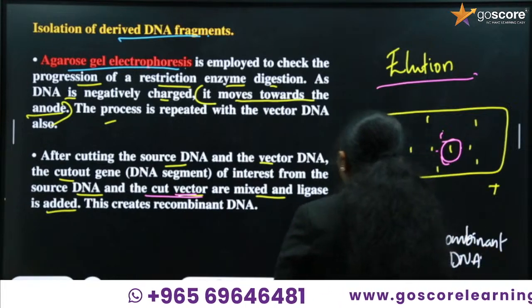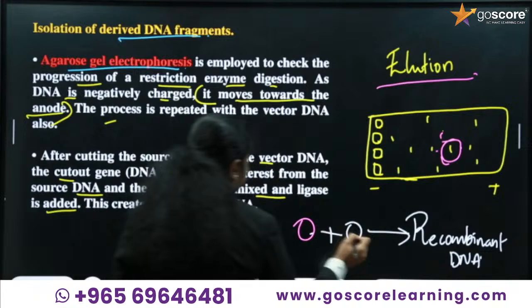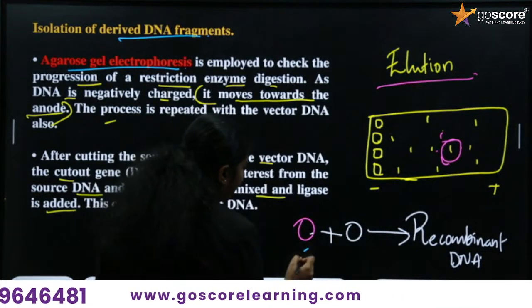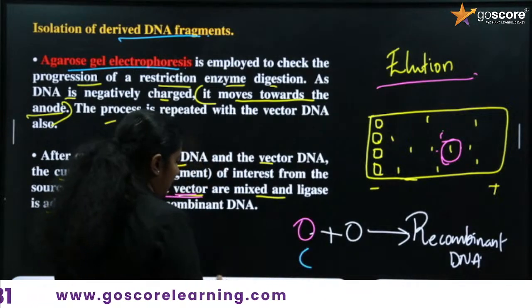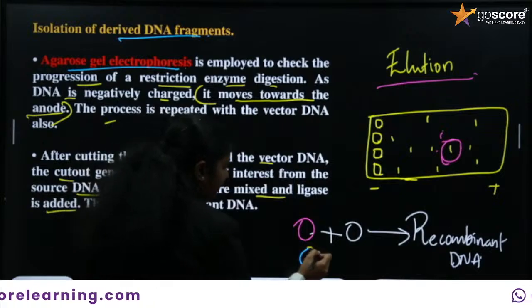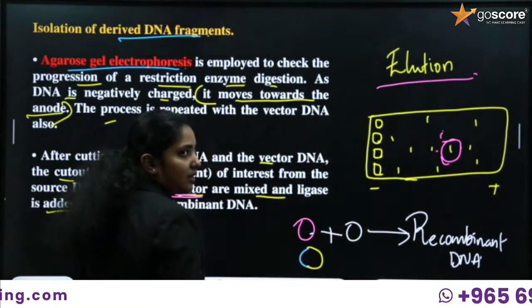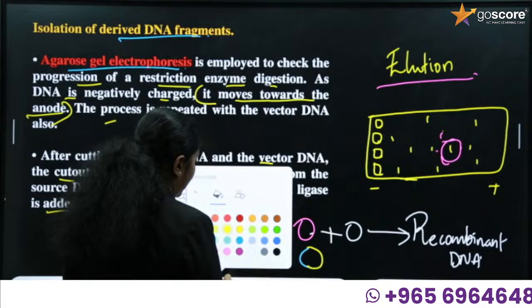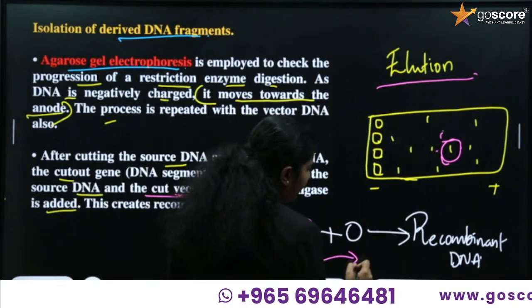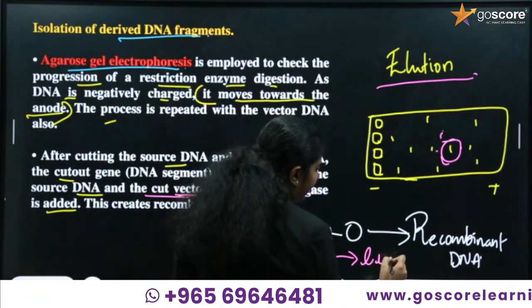So what actually has to be done here for the ligation purpose? It has the cut ends, right? If this is the vector DNA, the target DNA or the desired DNA will be this. It has to get connected, right? How can it be connected? It can be connected with the help of an enzyme called ligase.